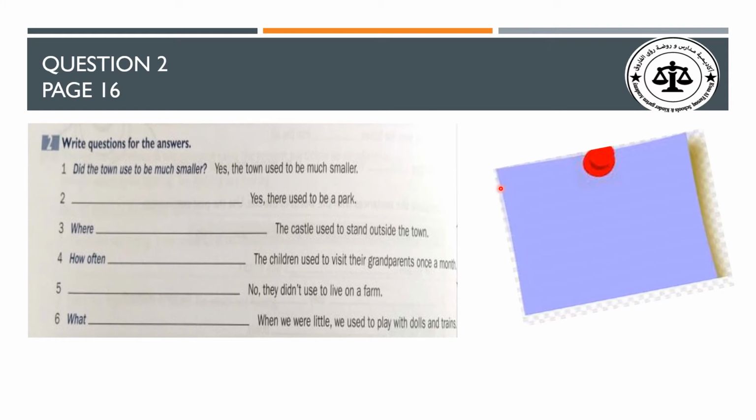Yes, the form of questions in used to: did with subject, then used to, then the infinitive verb. And if we want to add the WH word: WH word, did, subject, used to, and infinitive verb.